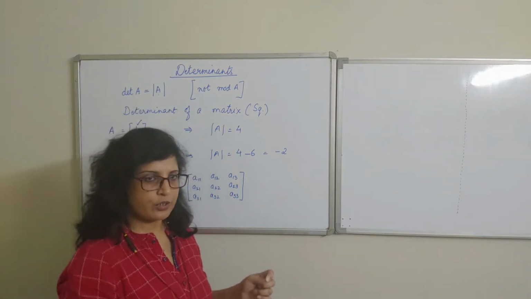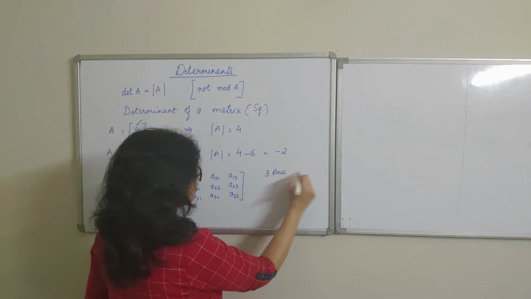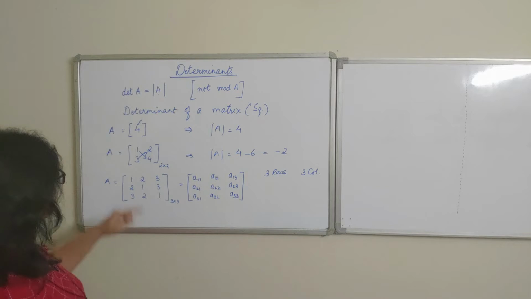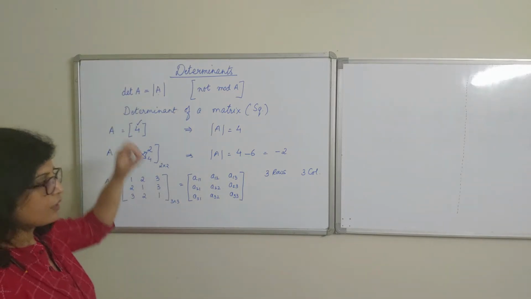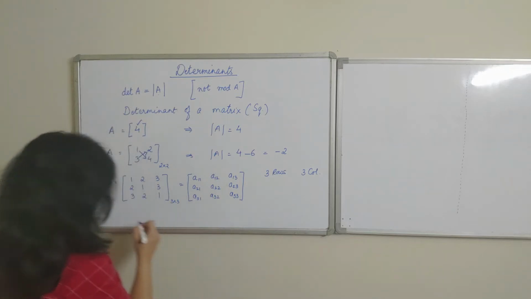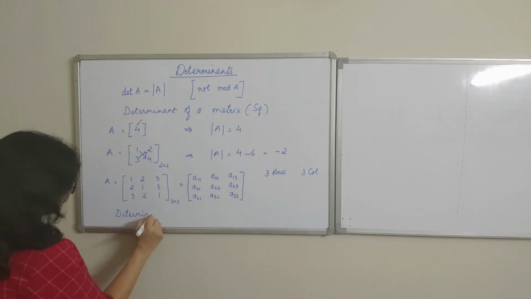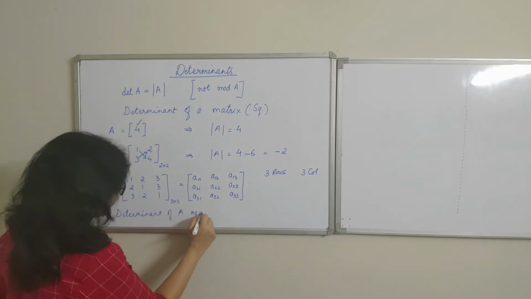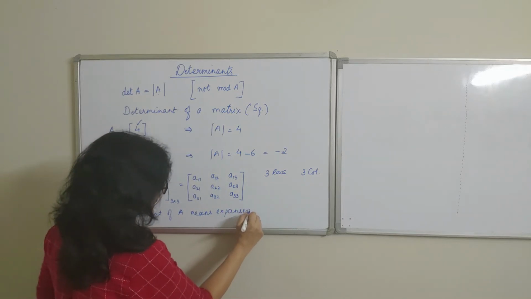A matrix of order 3 by 3 has got 3 rows and 3 columns. So when we say that we are finding out the determinant of the matrix, that means, let me write it down here, determinant of the matrix basically means expansion of the matrix.